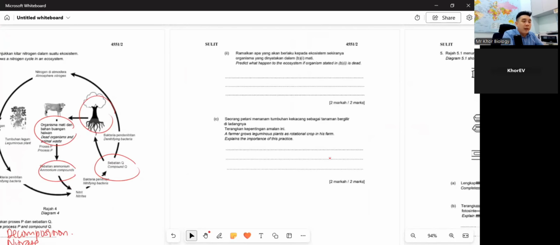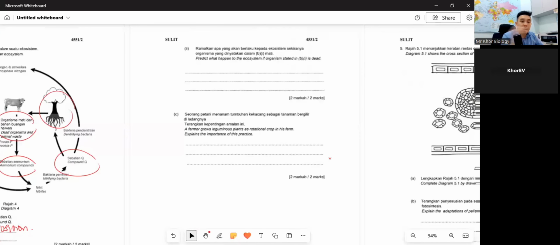Next, explain what happens when the organism is dead. Very simple. Because these microorganisms are used for decomposition, decomposition cannot occur.